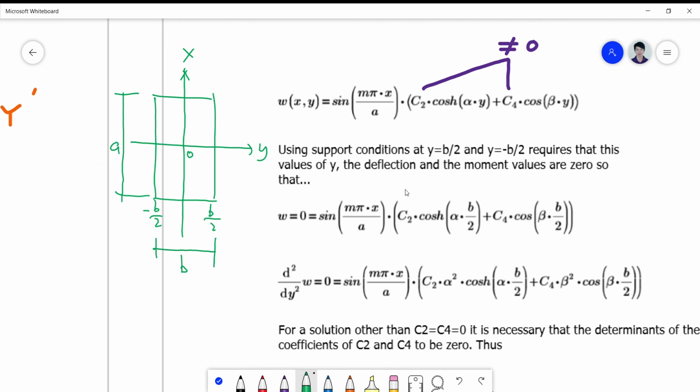So using support conditions at y equals b over 2 and negative b over 2 requires that the deflection and the moment values are, of course, to be 0. That is, the deflection is equal to 0 is equal to the sine of m pi x over a. We simply substitute b over 2 here.